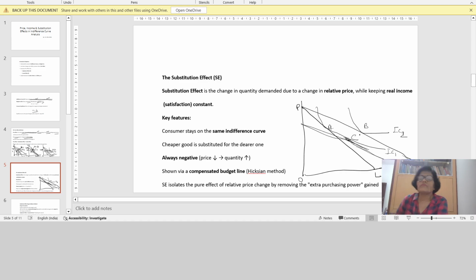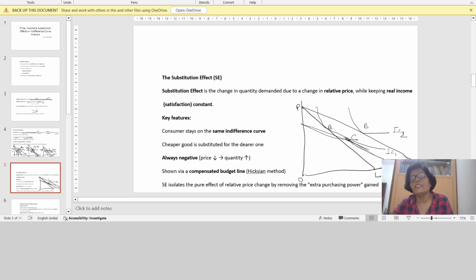Like this, in substitution effect, the consumer will remain on the same indifference curve, and whatever the change in real income due to change in prices, we take that income from him so that he remains on the same indifference curve. In the diagram, the movement from A to B is the price effect, but the movement from A to C is the substitution effect.